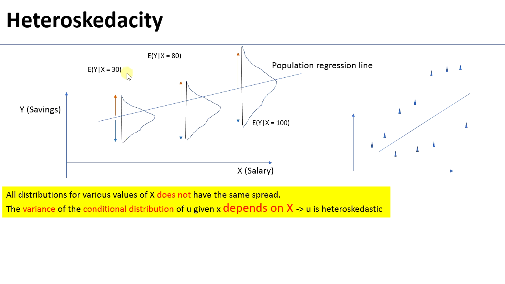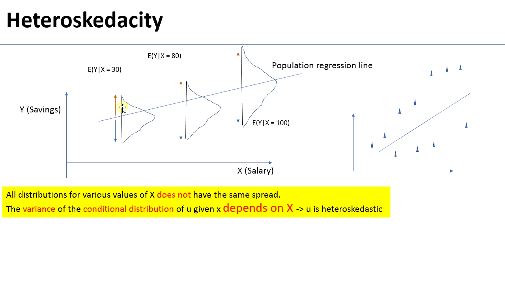For example, if your salary is 30,000, you're somewhere here, and based on the sample your savings could be more or less than the population regression line, somewhere here based on the random sample you select.